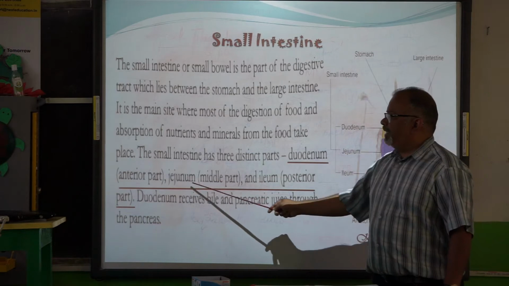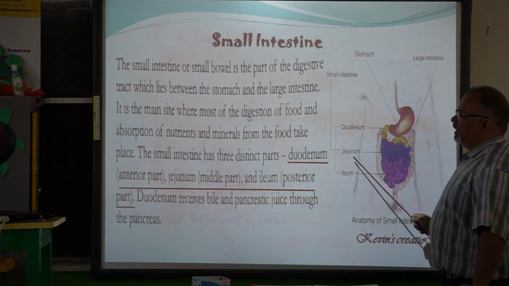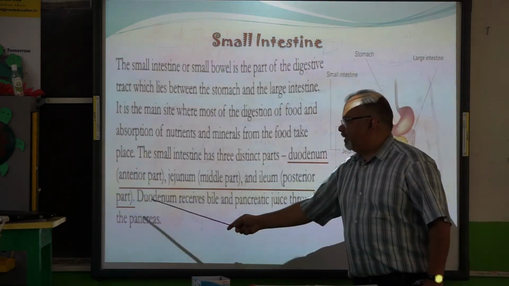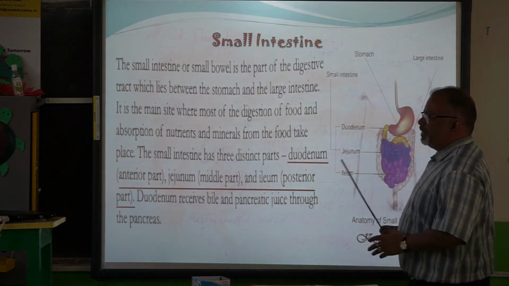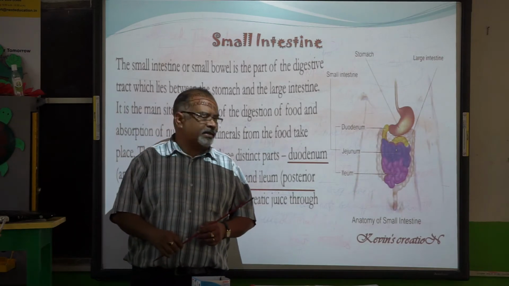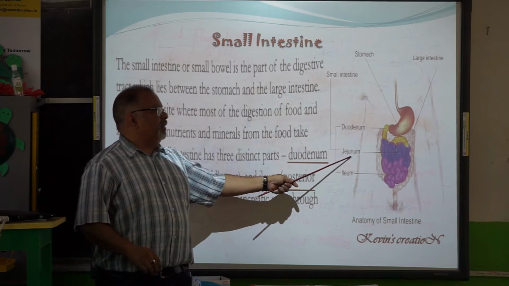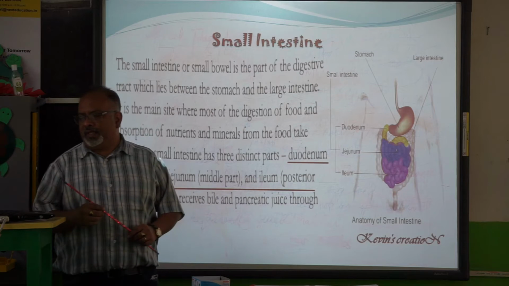Then comes the middle part, this is jejunum. This blue color, this is jejunum. And the last part or the posterior part is ileum. This purple one is ileum. So you can say that small intestine is divided into 3 distinct parts: duodenum, the anterior part, jejunum, the middle part, and ileum, the posterior part.